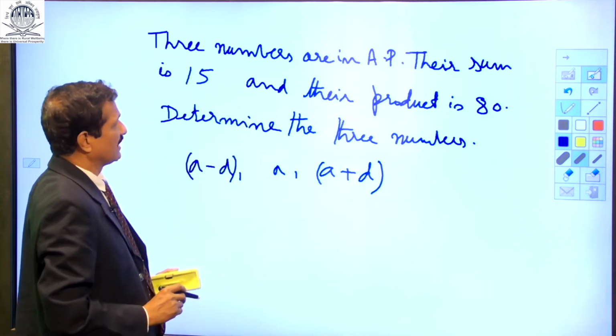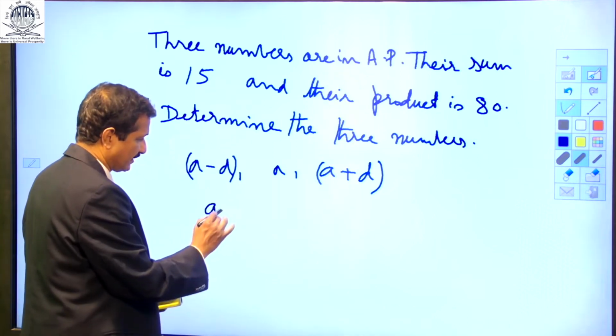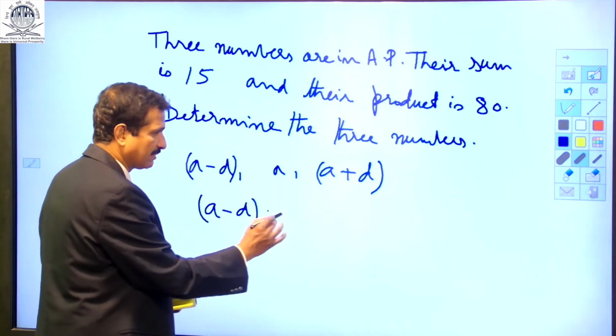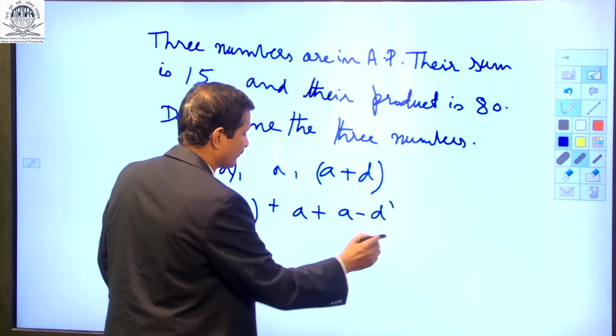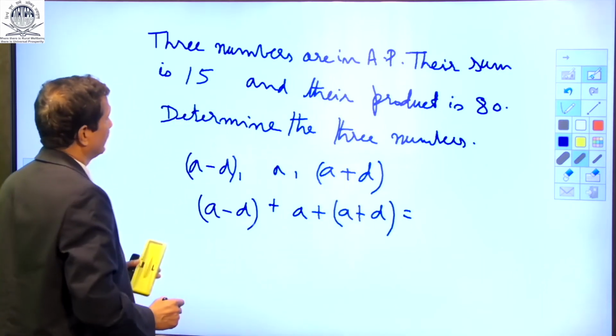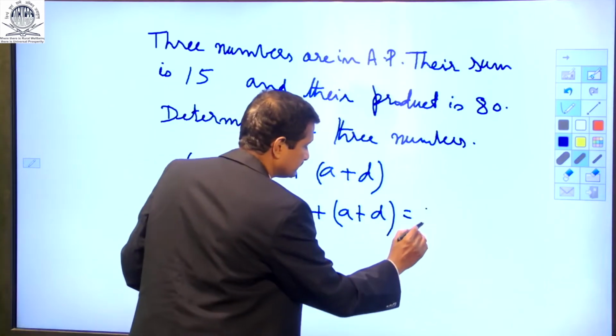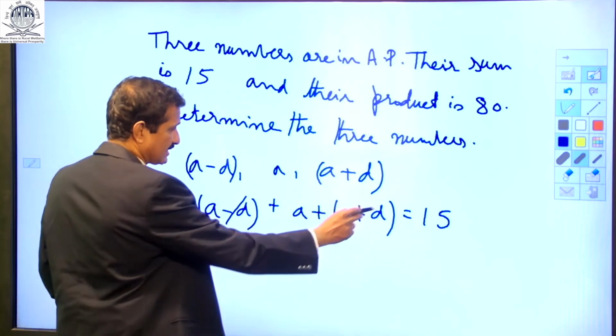It is also given to us that their sum is 15. The sum A minus D plus A plus A plus D is 15. Now, this minus D plus D gets cancelled.